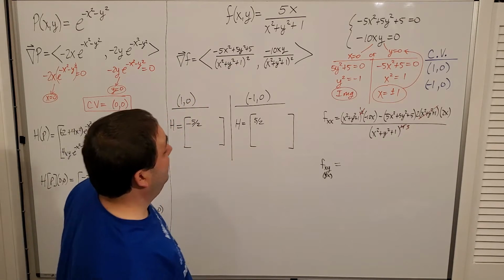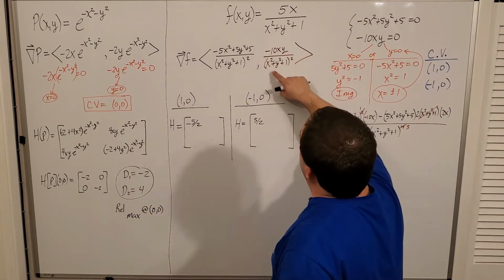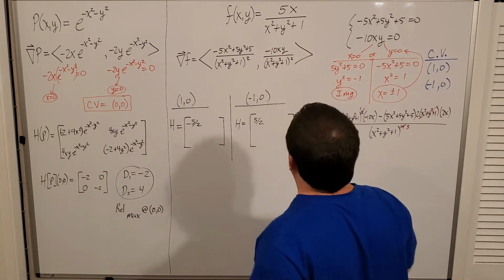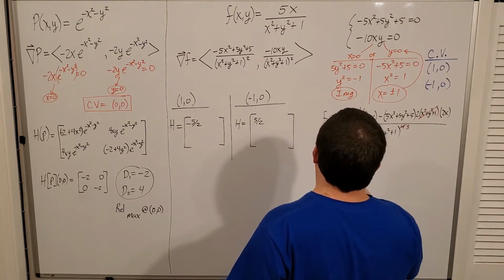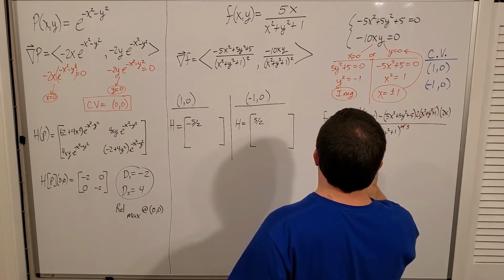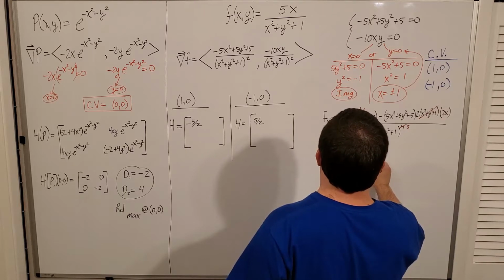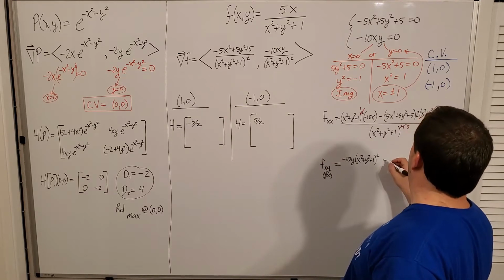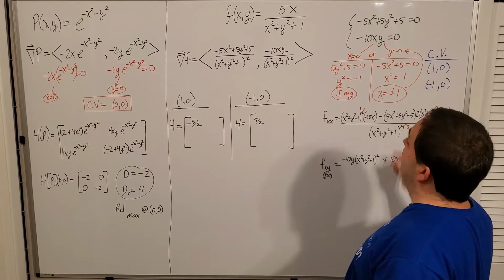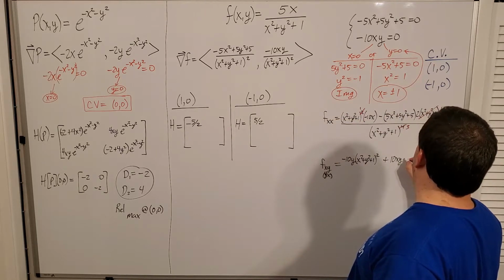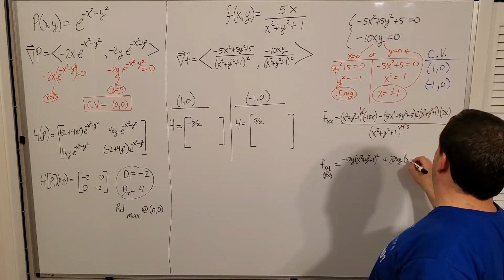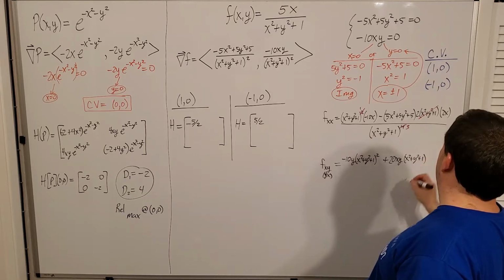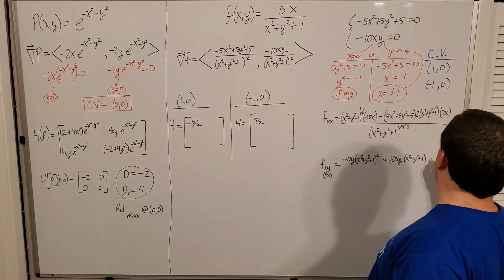So I'm going to do the x derivative of this piece right here, which is going to give me low d high, which is negative 10y, times (x squared plus y squared plus 1) squared, minus high d low, so plus 10xy times 2, which gives 20, times (x squared plus y squared plus 1), and the inside derivative is 2x, times 2x.